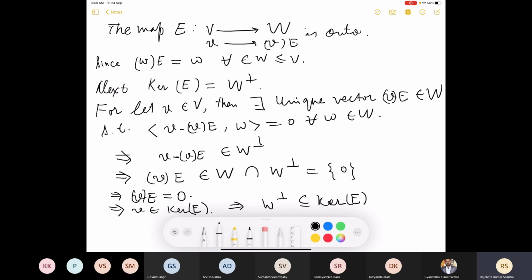And that will make that the orthogonal complement is contained in the kernel. So if you begin with V in the kernel, we show conversely, begin with V in the kernel and show this is contained in the orthogonal complement.